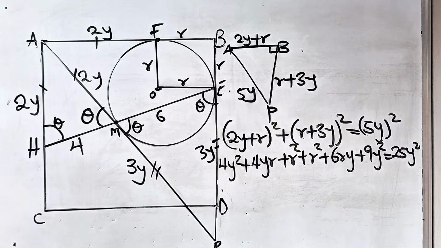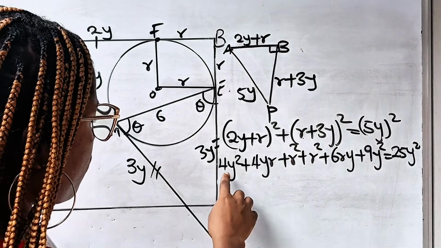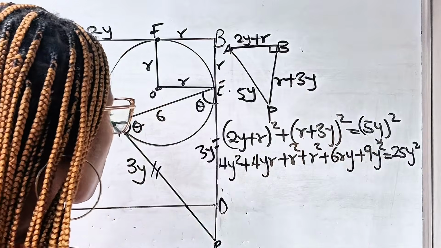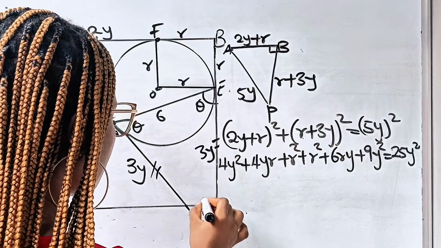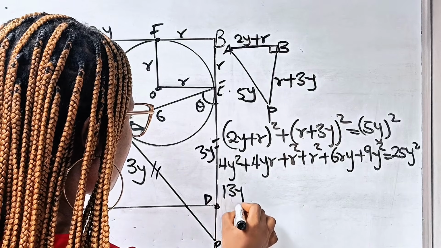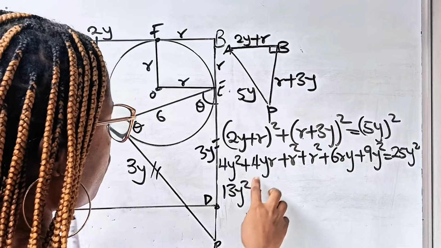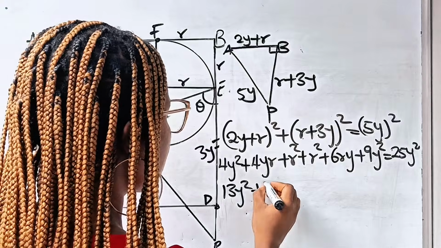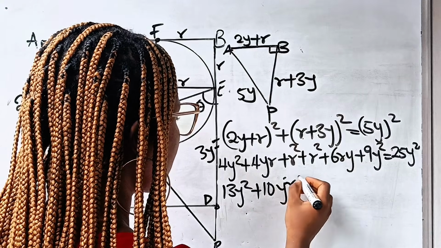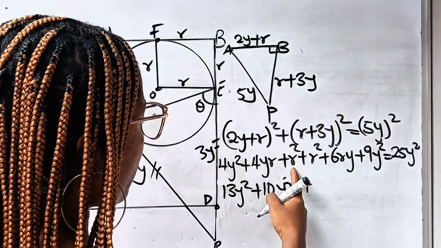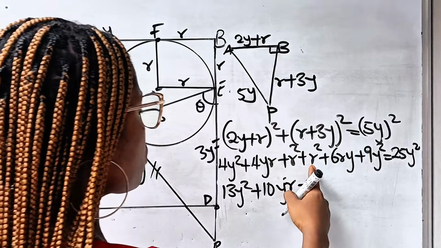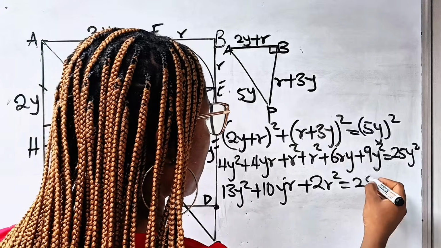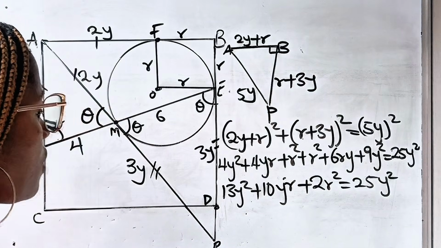Okay, I'm trying to minimize my space. So we have 4y squared plus 9y squared, that is 13y squared, plus 4yr plus 6ry or 6yr is 10yr, plus r squared plus r squared is 2r squared is equal to 25y squared.